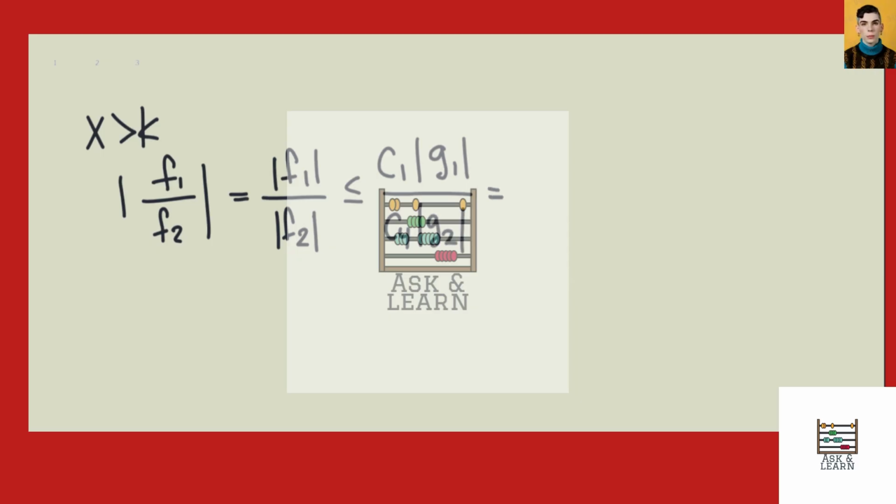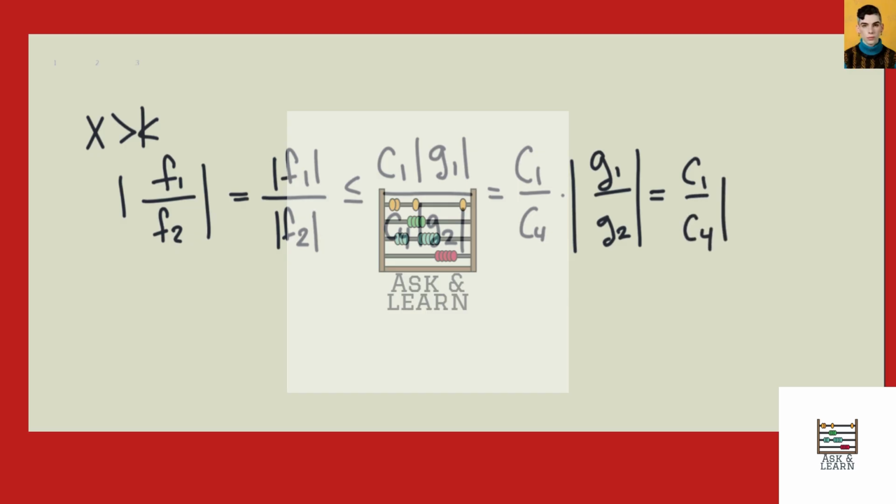Right, and that is going to be equivalent to c1 over c4 times the absolute value of g1 over g2, which is equal to some constant c1 over c4 times the absolute value of g1 over g2.